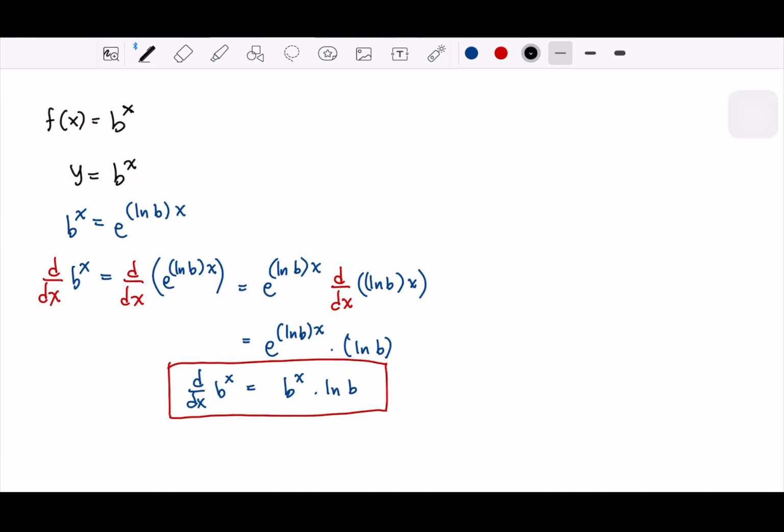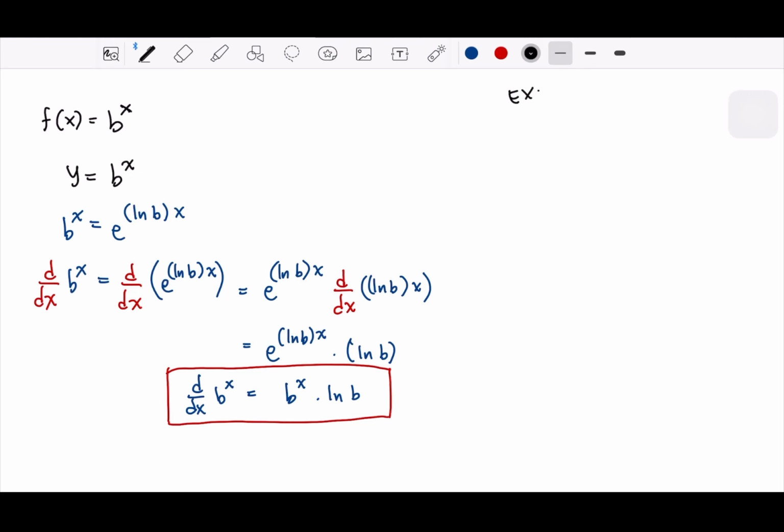Okay, maybe I will take an example on the right side here, just to take notes. If you have 5 with power of sine x, what will be the derivative? So you have 5 with power of sine.